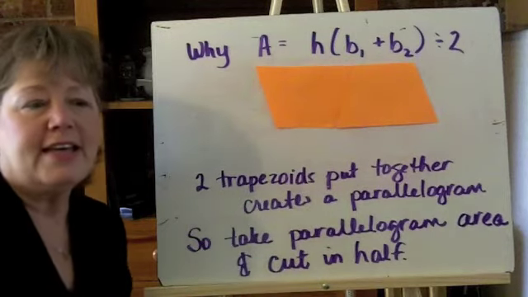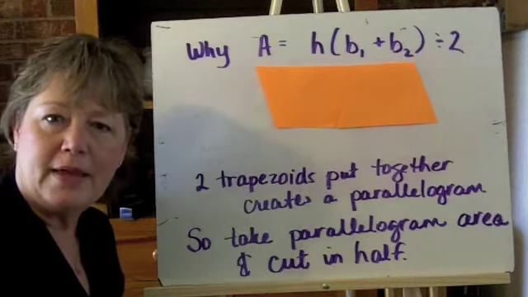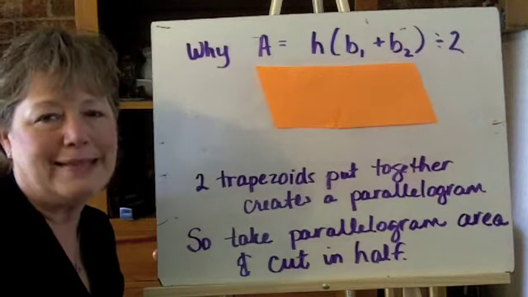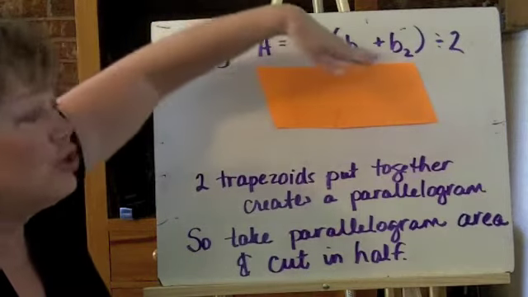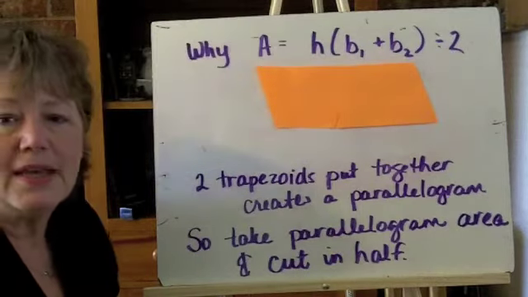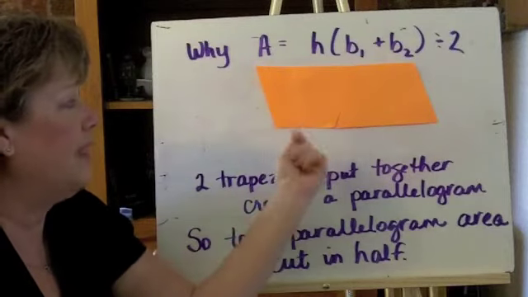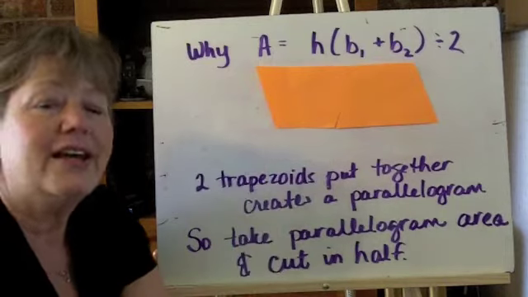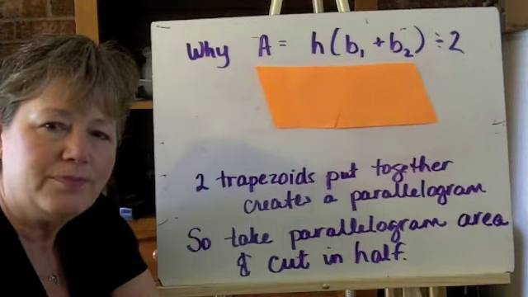You find the area of a parallelogram by multiplying the base times the height. Well, now I have two trapezoids to create that, so I'm going to have to cut that in half when I eventually get my answer.